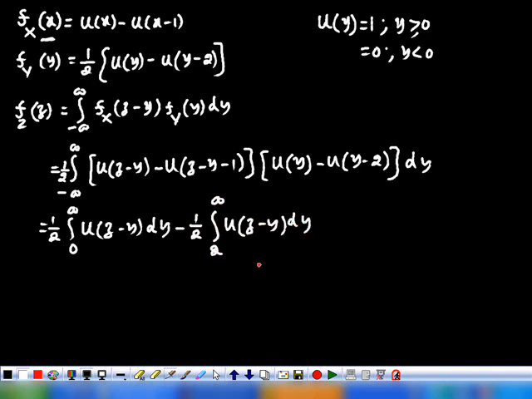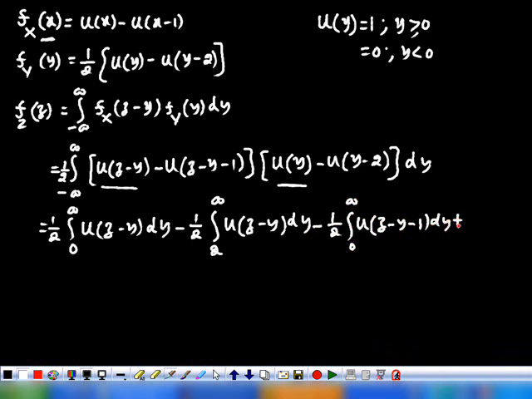Are you following what I am doing? Simply multiply u of z minus y with u of y. But u of y is equivalent to 1 from 0 to infinity and 0 in the remaining interval. That's why this minus infinity to plus infinity can be written as 0 to infinity. And the next one is minus. Again, this can be written as the integral from 0 to infinity of u of z minus y minus 1 dy.